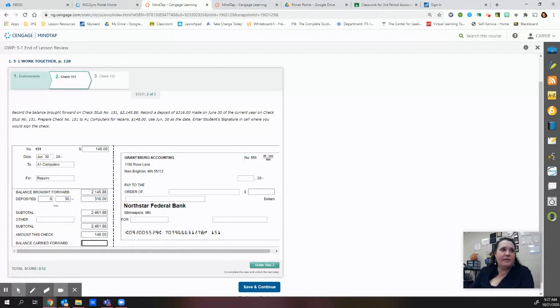And then we're going to take the 316 and subtract it from the amount. So it's 2145.88. No, that's not right. It's 2145.88 plus 316. And then we're going to subtract out 148, 2313.88.